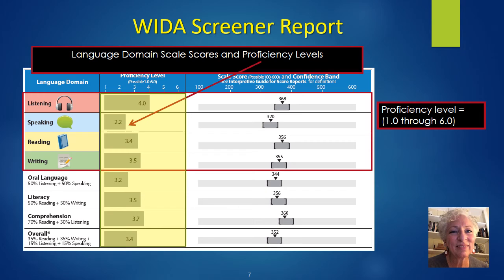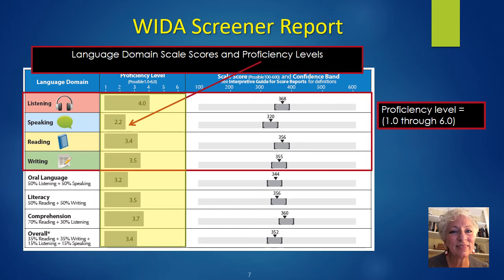However, if you are administering a screener to a new student at the beginning of the school year, if you're doing it on paper, it's very likely that you will be computing the results of that test to arrive at the language proficiency levels of that student. If you're a school that is going to be using the new online screener, it's very likely that the online technology will compute that data for you.